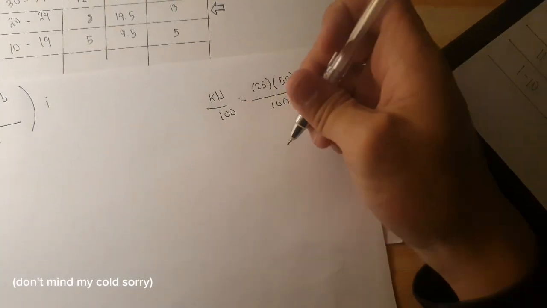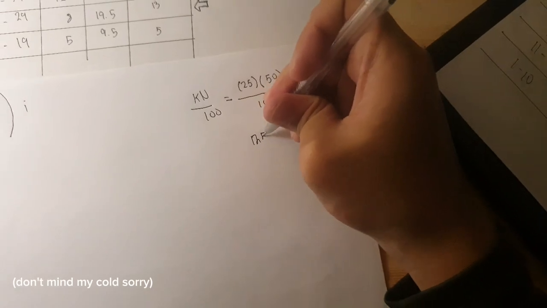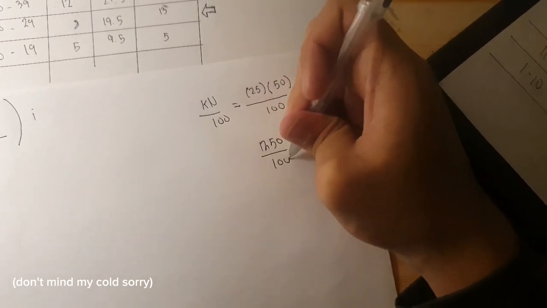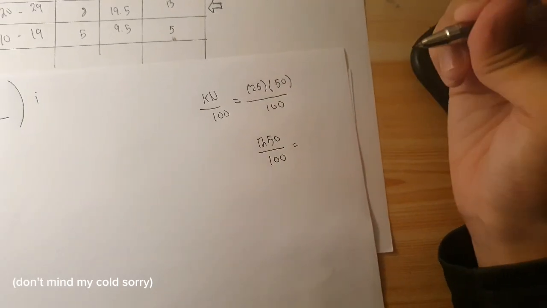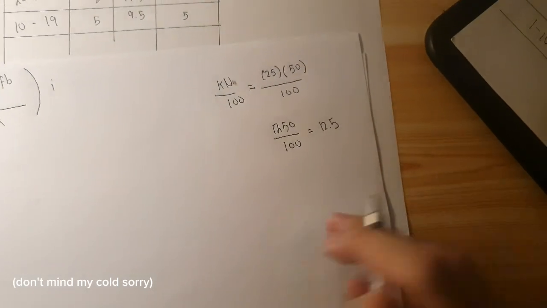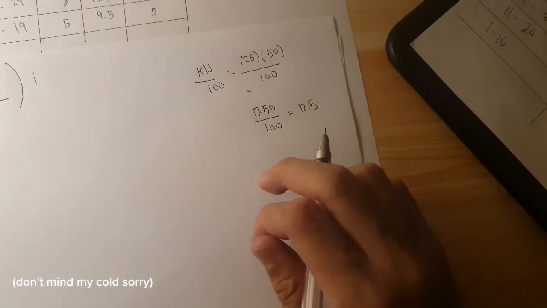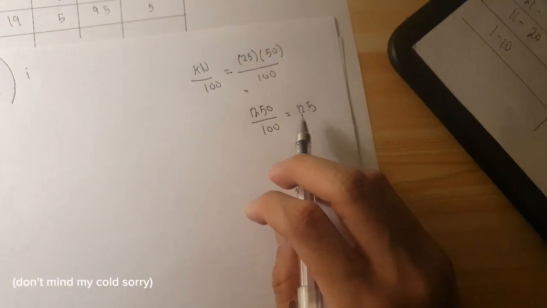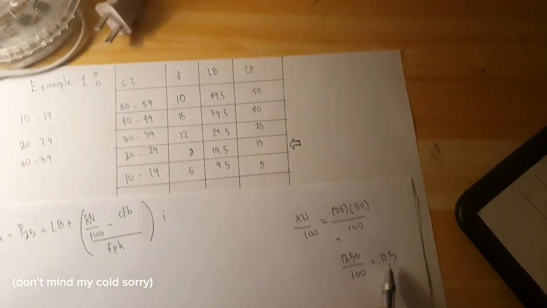So 25 times 50 equals 1250, divided by 100 is 12.5.